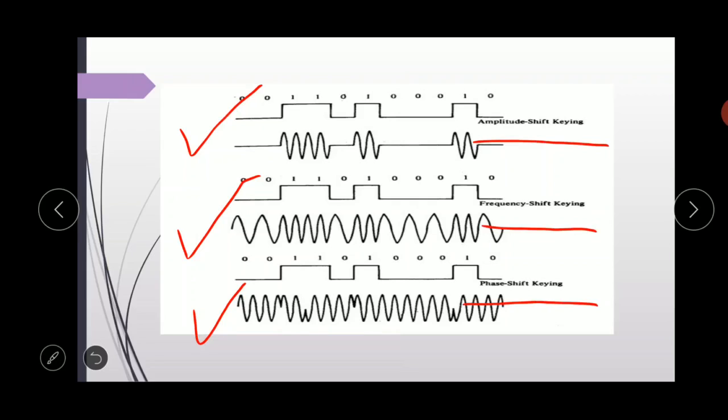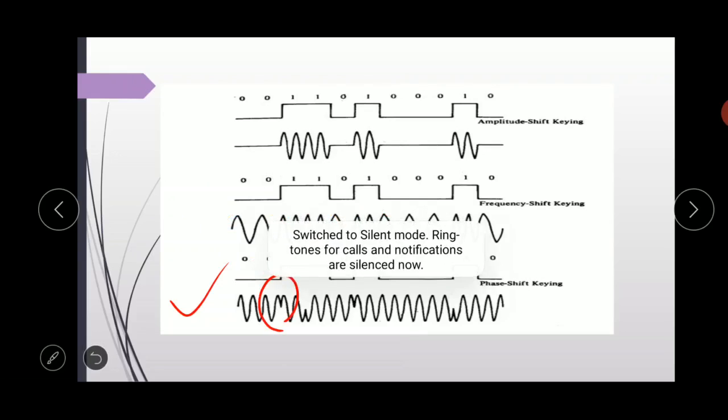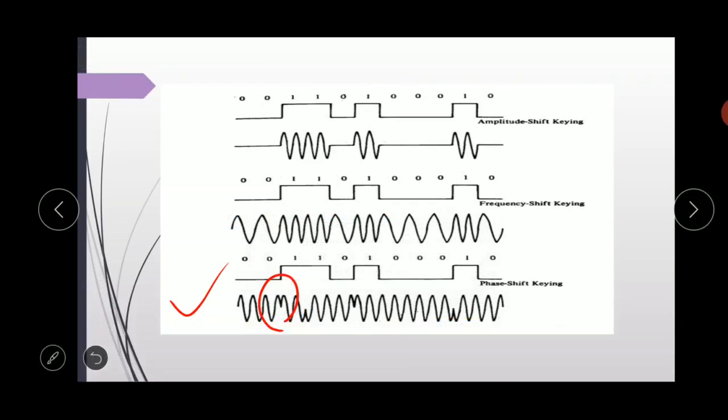In the first one the amplitude varies, means when 1 is given only at that time we get our output, and when 0 is given there is no output. In the second case, see here the number of cycles varies as per the input given, and in the last one the phase changes.